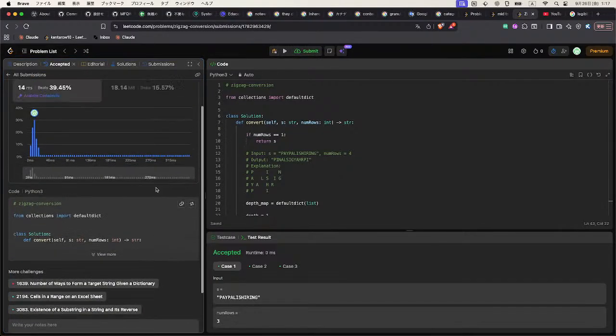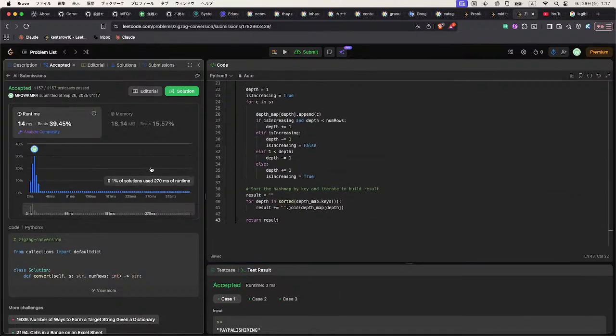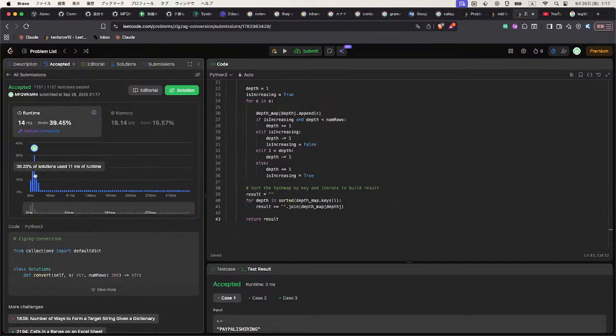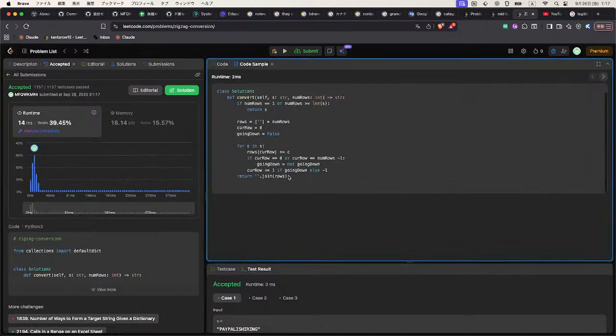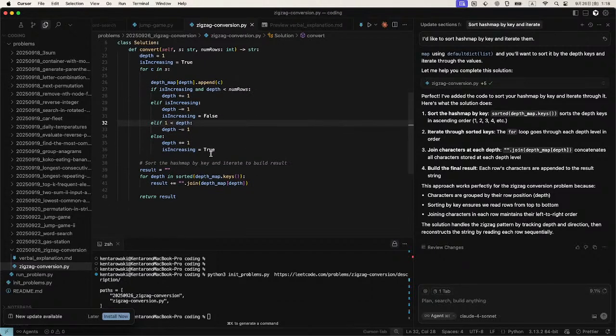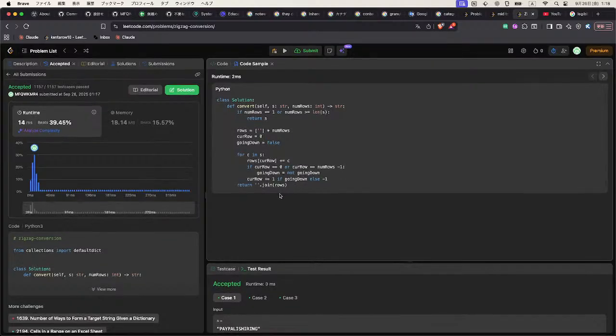Good. Okay. Current rows. This is clear code.